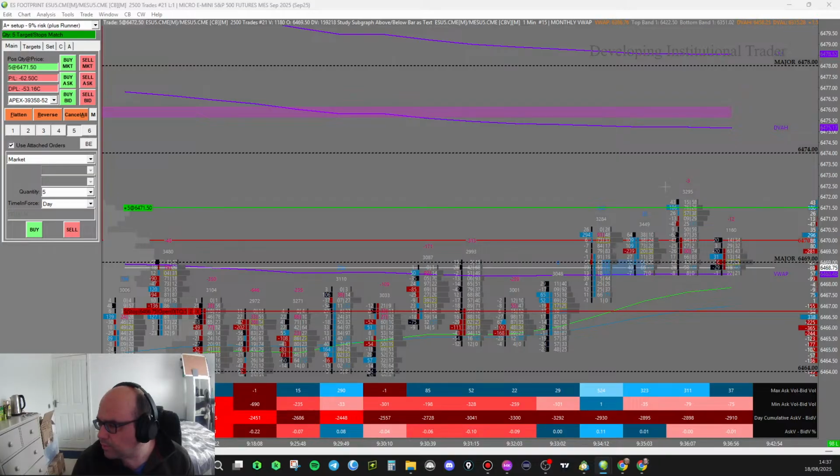Let's see if the VWAP is gonna hold or not. Okay, there's a nice buy there, absorption. In theory, it should hold. Well, let's see.